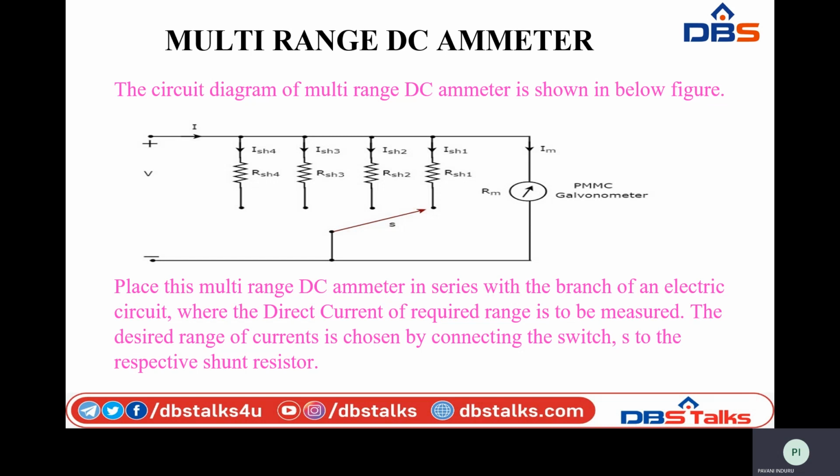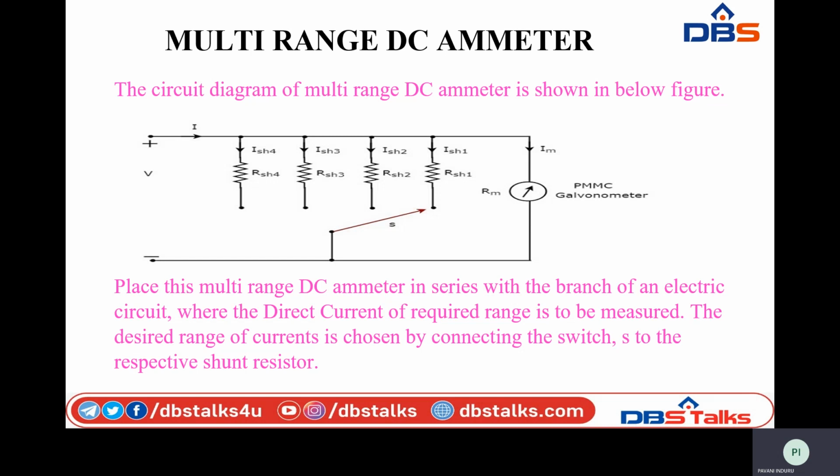The total current passing through the circuit is I, which is divided into different currents through the different resistances and the PMMC galvanometer. The different currents are Im and ISH1, ISH2, ISH3 and ISH4. Here we have one multi-range switch available.